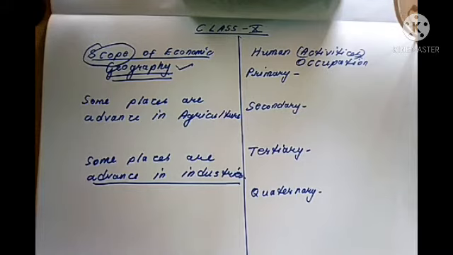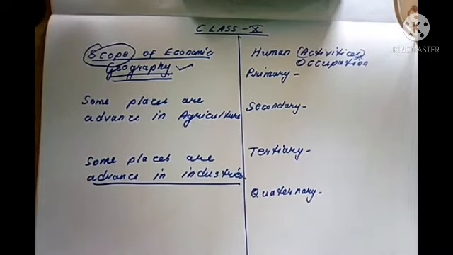And for the scope of economic geography, to ease the study, 5 questions are given in the textbook. The first 3 questions are connected with the contemporary period, that is, a previous period, but modern economic geography is connected with the later 2 questions, that is question number 4 and 5.